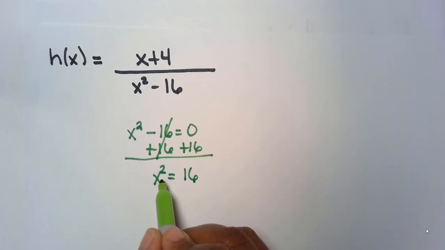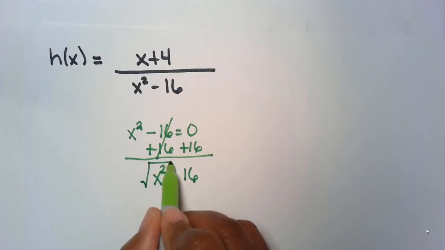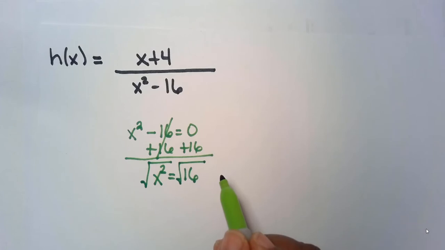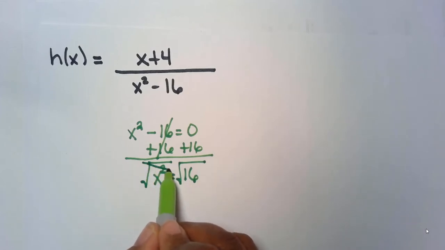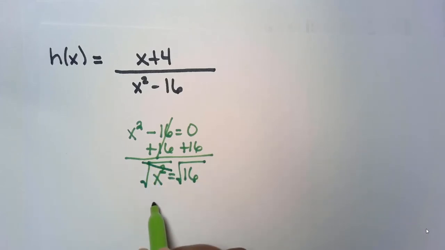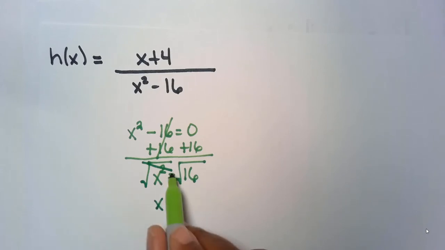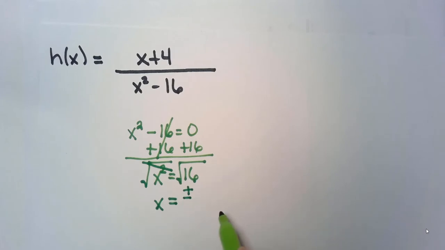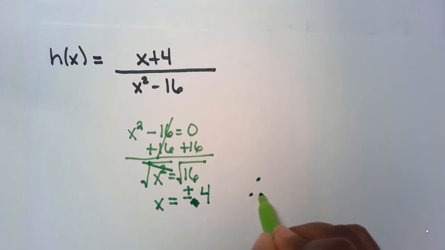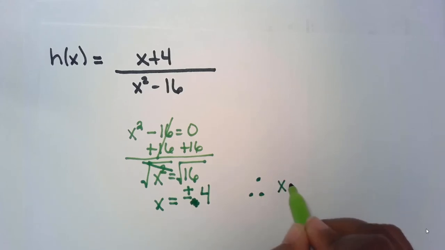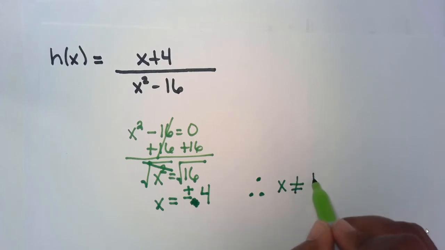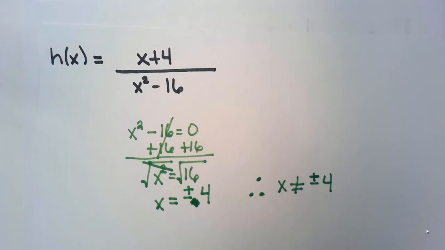To solve for x, we're going to use the square root property. So we're going to take the square root of both sides. On the left-hand side, the exponent of 2 and the square root cancel out. We have x is equal to, and remember when we use the square root property, we have two solutions, so we would say plus or minus 4. Therefore, the two numbers that cannot be in our denominator for this example are plus or minus 4.